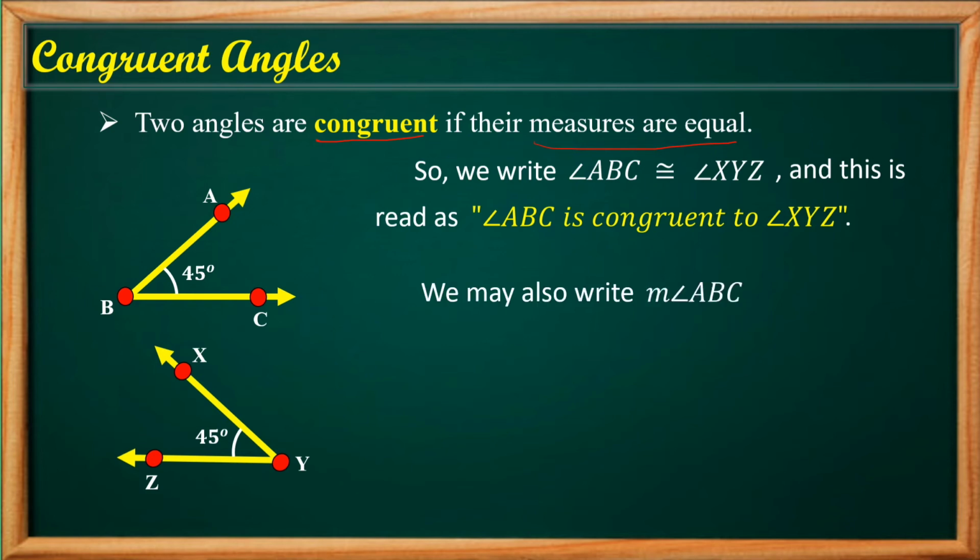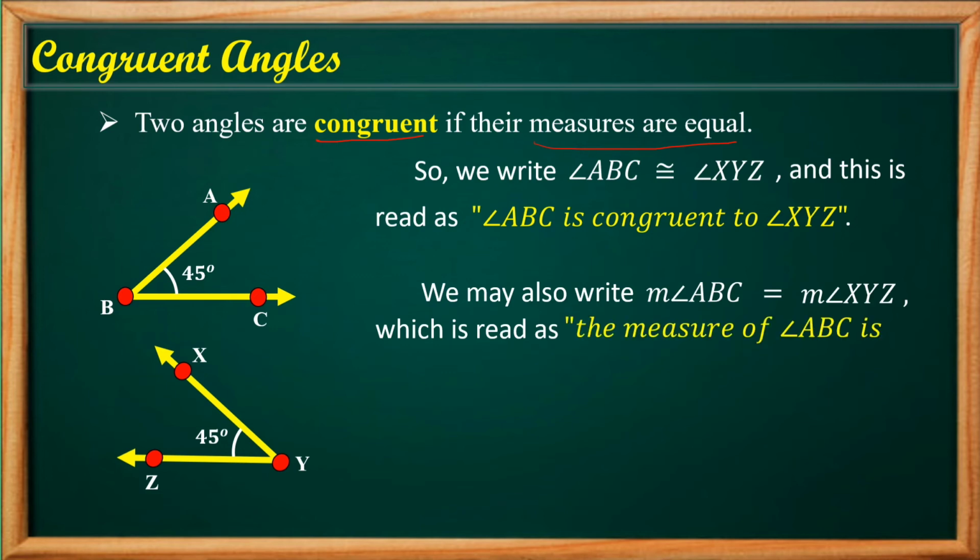Or, we may also write this one. The measure of angle ABC is equal to the measure of angle XYZ. Yung M, it will read as the measure of angle ABC is equal to the measure of angle XYZ.